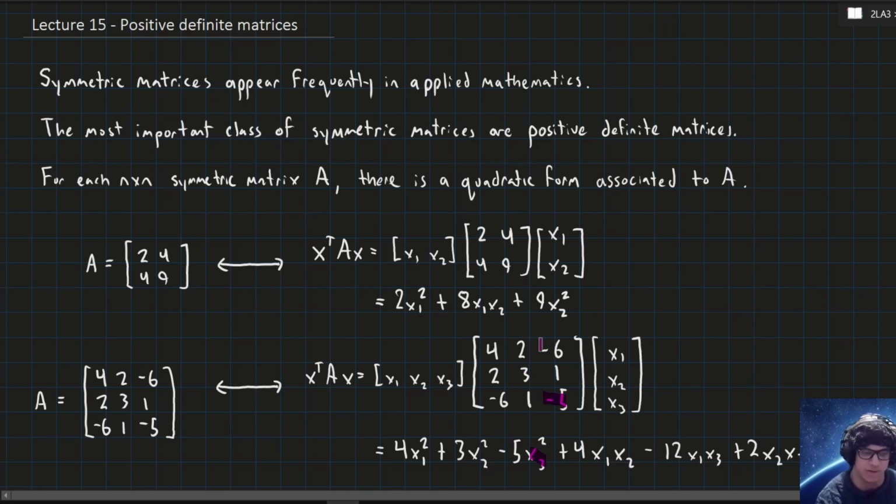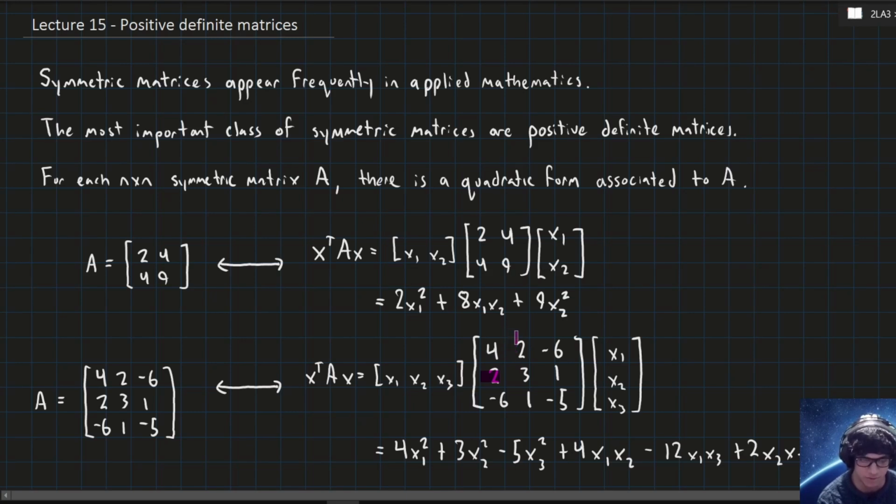Then we look at the cross products that are in symmetric positions. This and this go together, and we sum them up, and that will give us the coefficient of x1, x2, because they're in row 1, column 2, and row 2, column 1, respectively.